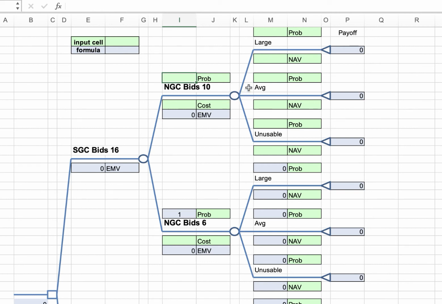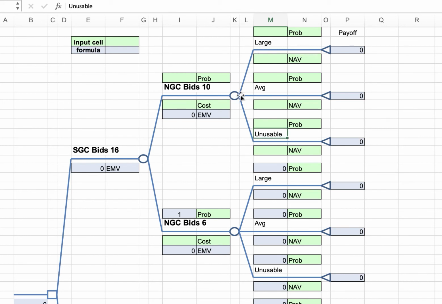So there is a very important additional chance event in this decision tree. One chance event is the competitor's bid. Is it high or low? But no matter what, high or low, the chance event of the site quality is important. So the reserve at this site could either be large, average, or unusable.